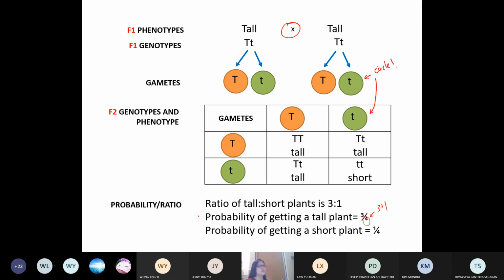All of the gametes. So this is monohybrid cross. As you can see, it is one gene, two different alleles.